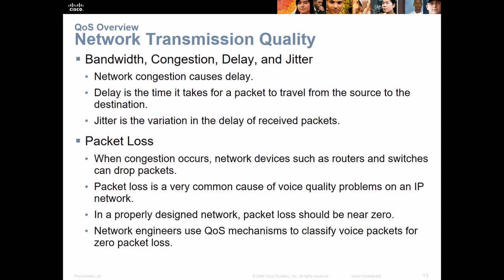Delay means the packet is not reaching the destination. Sometimes we call that latency. So the packet is not reaching the destination on time. Jitter is when you have variation in the delay, different times. You can compensate for delay if you find out exactly what the delay is.